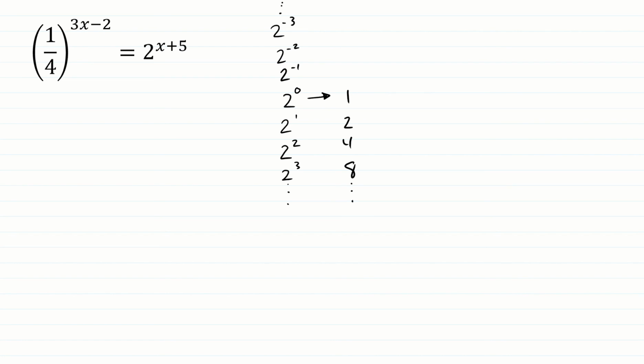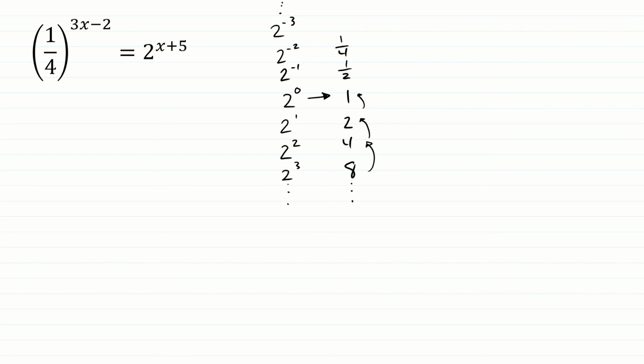And if I go the other way, instead of multiplying by 2, I would be dividing by 2. 1 divided by 2 is 1/2. And yes, it's true, 2 to the negative 1 power is 1/2. It's not a negative number. This is not negative 2. This is 1/2. And if I divide by 2 again, I get 1/4.